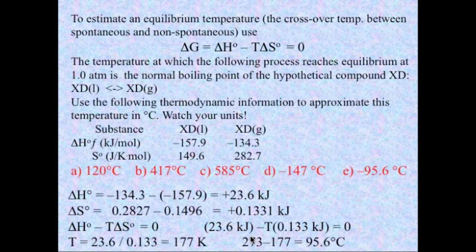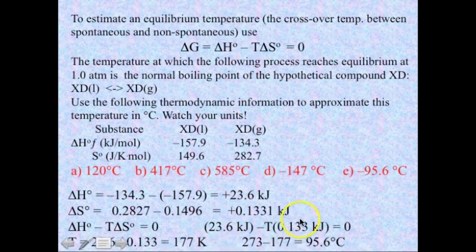The change in entropy is 0.2827, that's after converting joules into kilojoules, keep the units consistent, minus 0.1496 kilojoules, and that's a change in entropy of 0.1331 kilojoules.